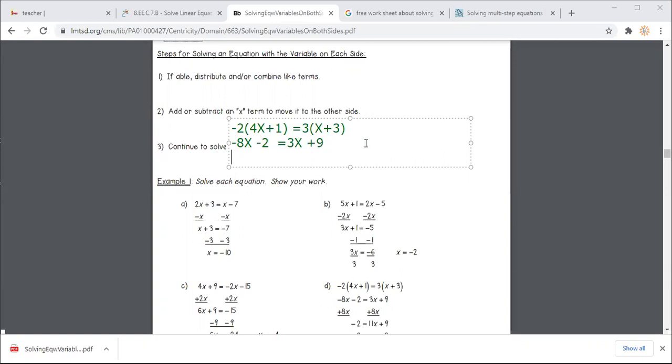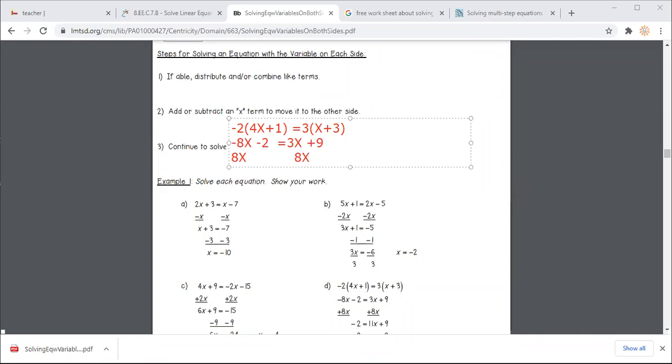How many am I going to add? 8, okay? 8x to the first side and to the second side. I'm going to add 8x.